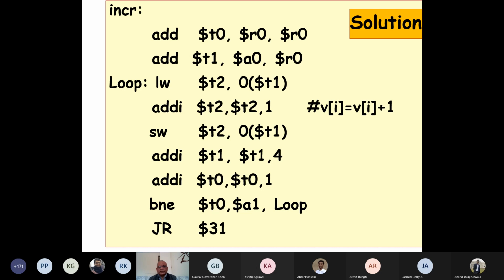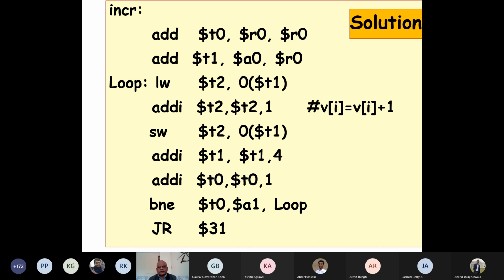So as long as T0 is not equal to 10, we go back to the loop here, branch not equal T0, A1, to loop. And if it is equal to 10 or whatever is there in A1, we return.